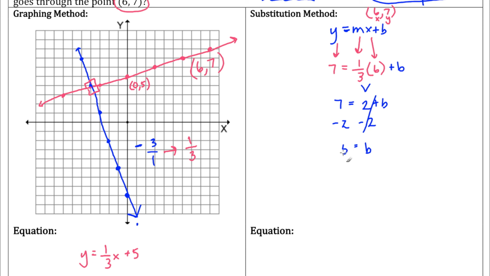B equals 5. So that 1 over 3 is my new slope, positive 1 over 3, and my y-intercept is 5. So y equals 1 over 3x plus 5. And it matches the other one because it should be the same answer. And that is it. Thank you.